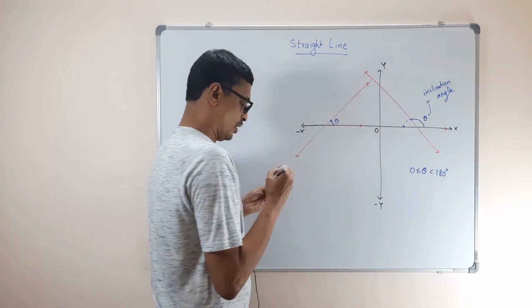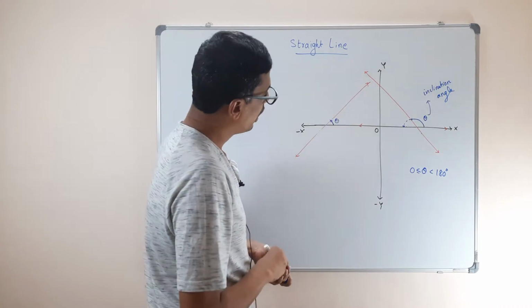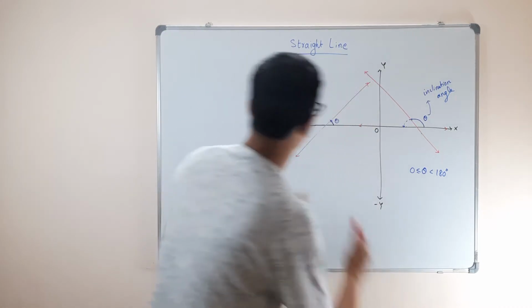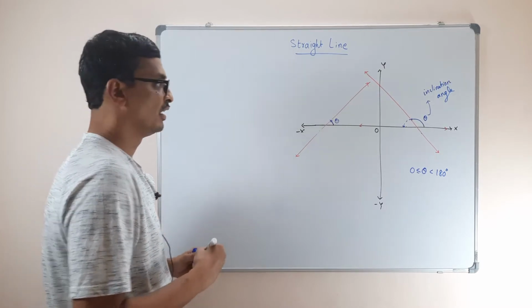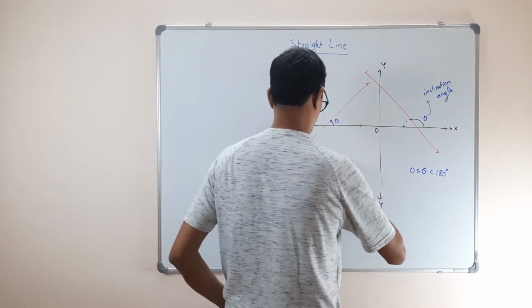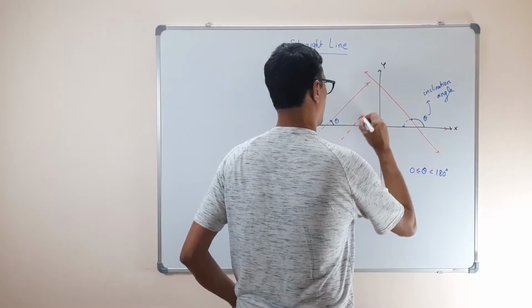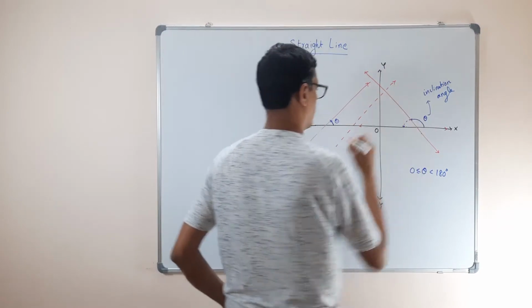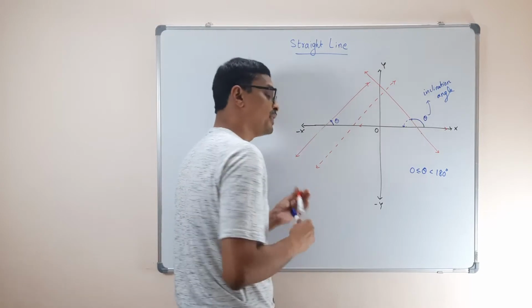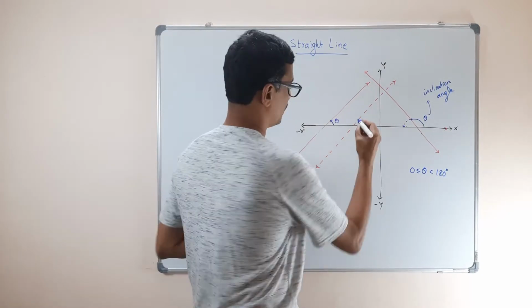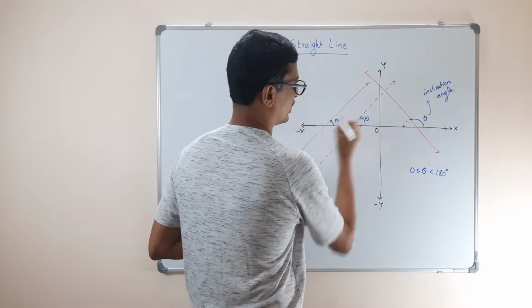Now I have a line parallel to this line. What will be the inclination angle? Let me draw a line parallel to this line. It will be the same, correct? The inclination angle will be the same for parallel lines. So this also will be the same theta.